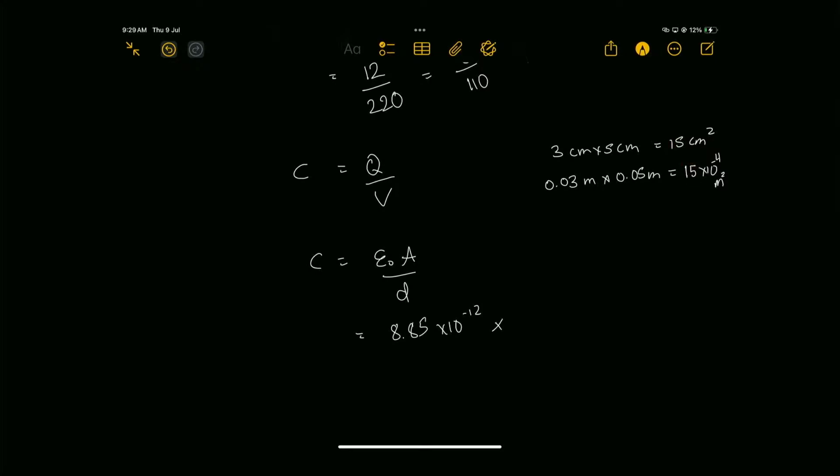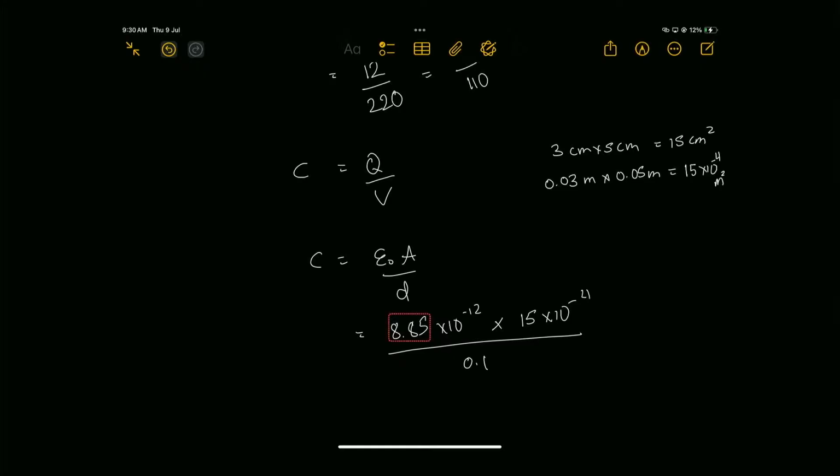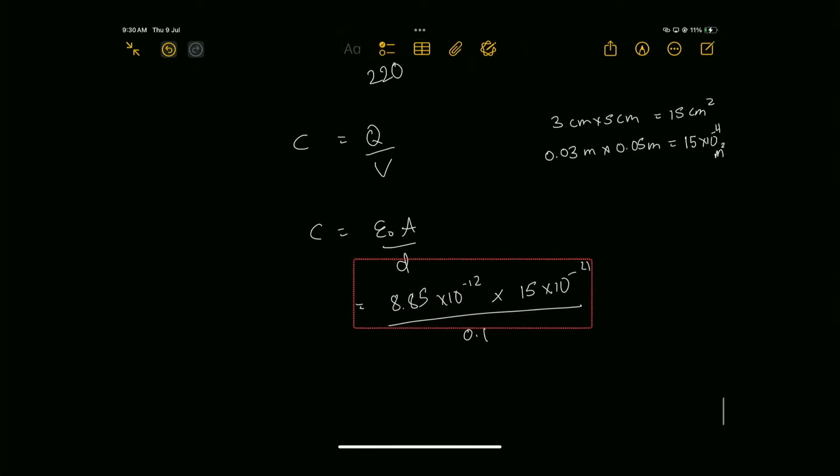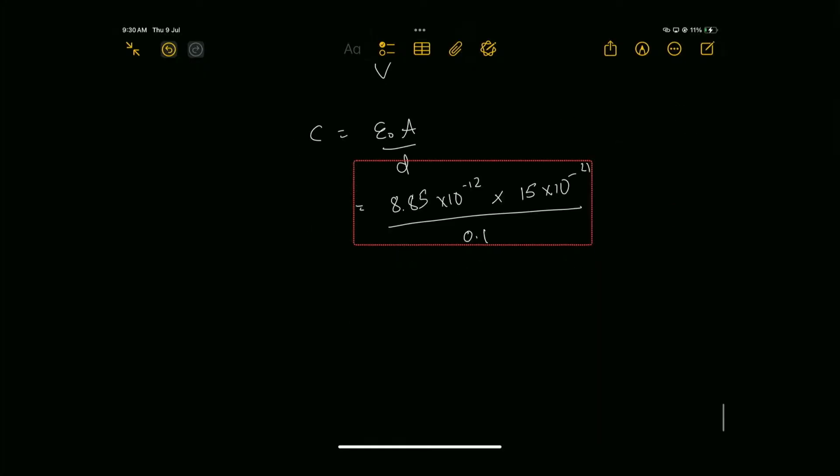So A now would be 15 by 10 to the minus 4. And D, we have this in centimeters, so we convert that to meters. 10 centimeters is 0.1 meters.